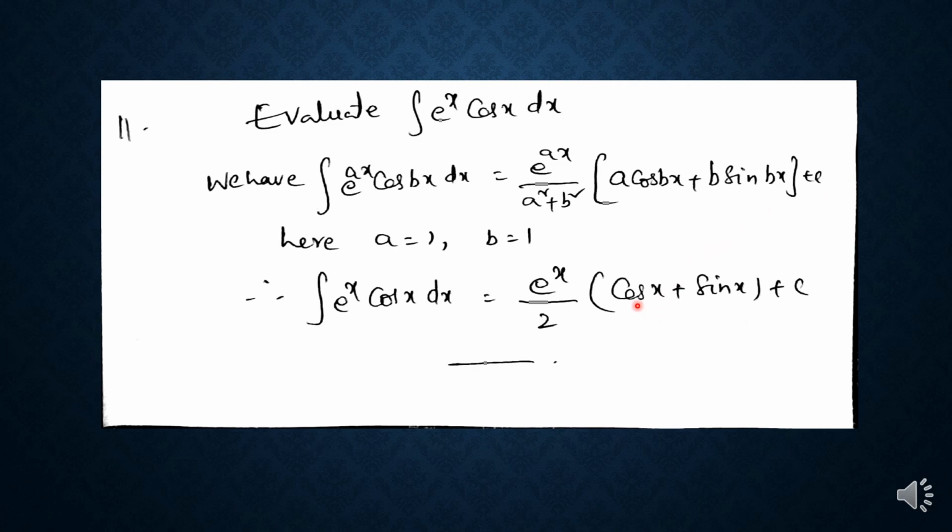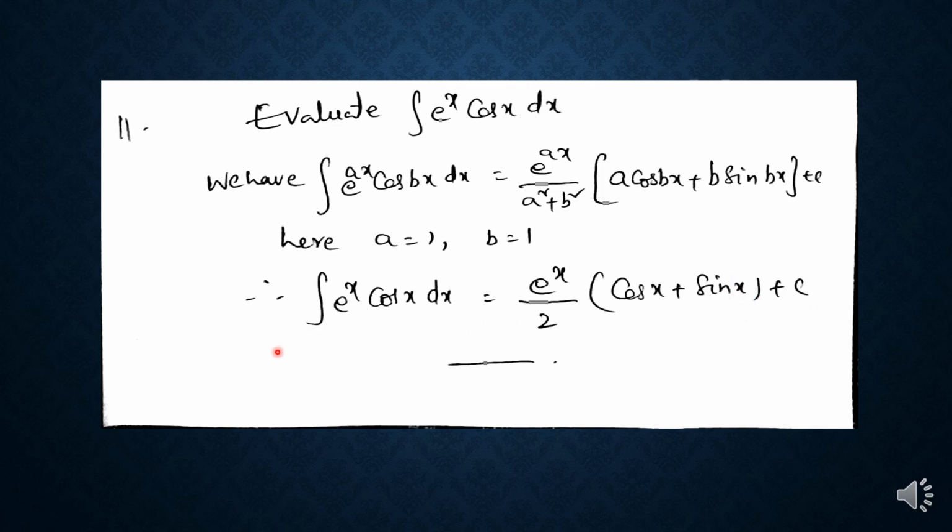Now by substituting a is equal to 1 and b is equal to 1, we will get the integral of e^x cos x dx is equal to e^(ax), a is equal to 1, so that is e^x by (a squared, 1 squared, plus b squared, 1 squared), that is 2, into (a cos bx, a is equal to 1, 1 cos 1x, that is cos x, plus b, b is equal to 1, 1 sin 1x, that is sin x) plus c.